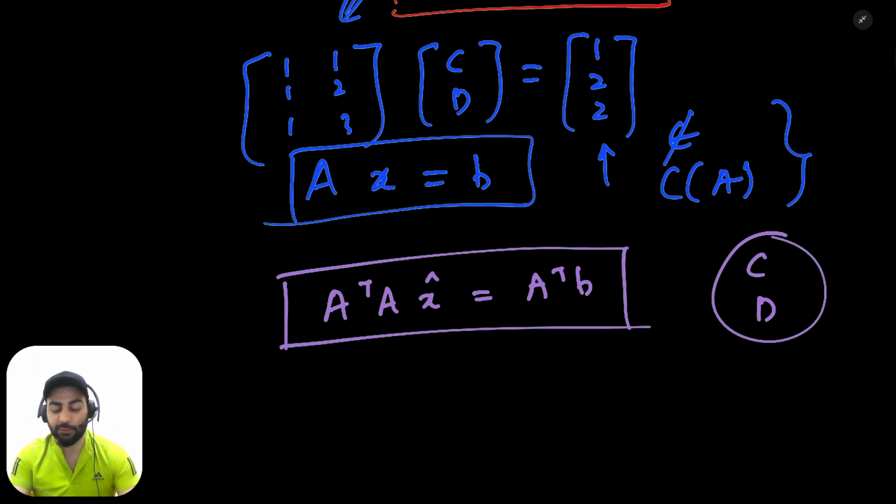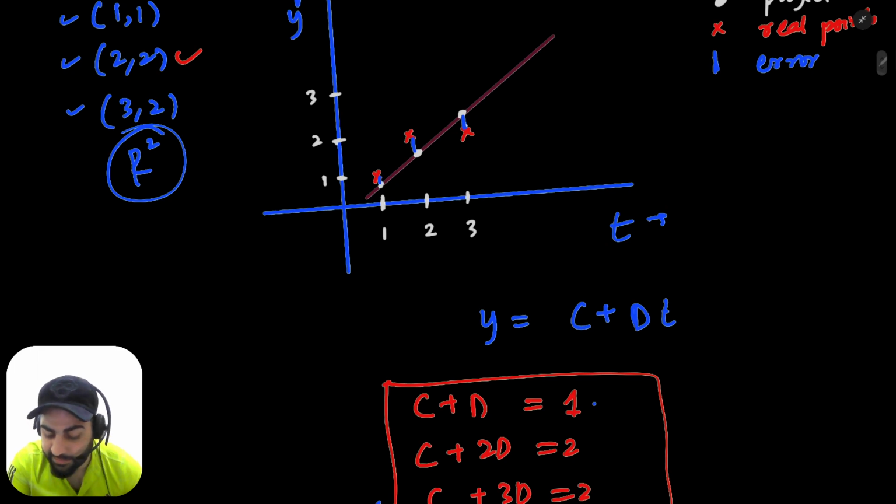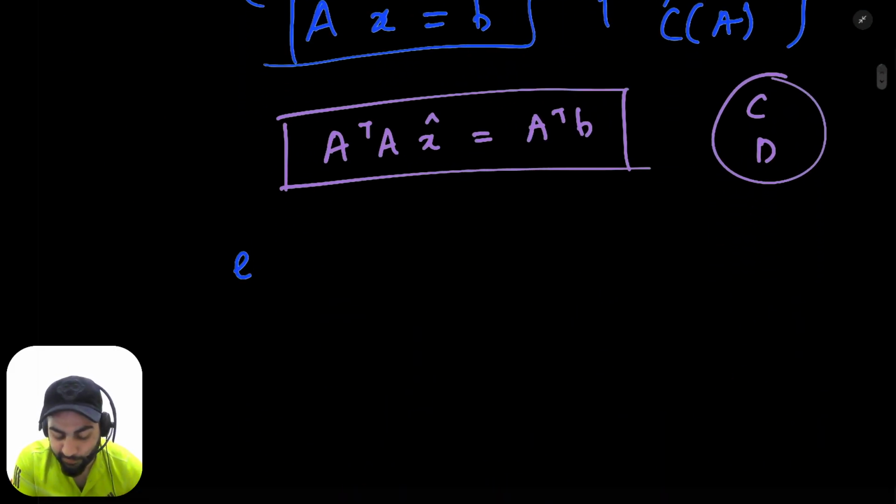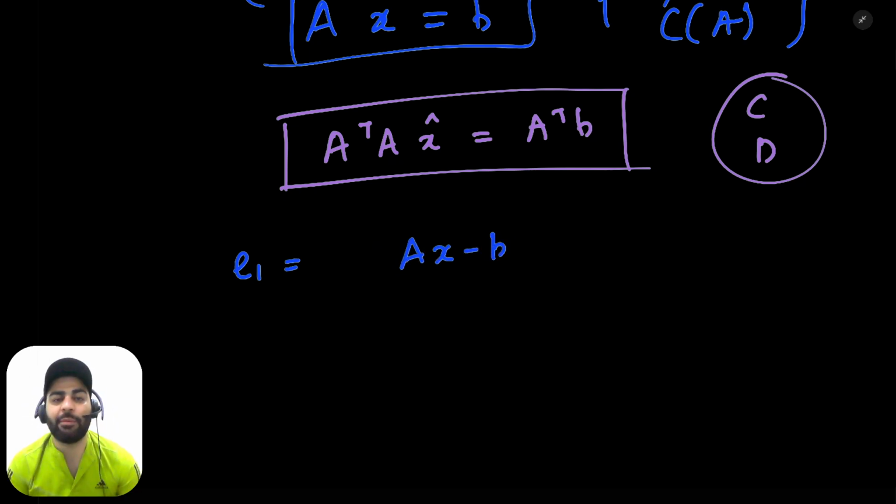And what is the problem that we have? We want to minimize the errors. Let's suppose the first point's error is E1, the second point's error is E2, and the third point's error is E3. So how do we minimize the error? The error is Ax minus b, which should have been equal to 0, but we have to minimize it.